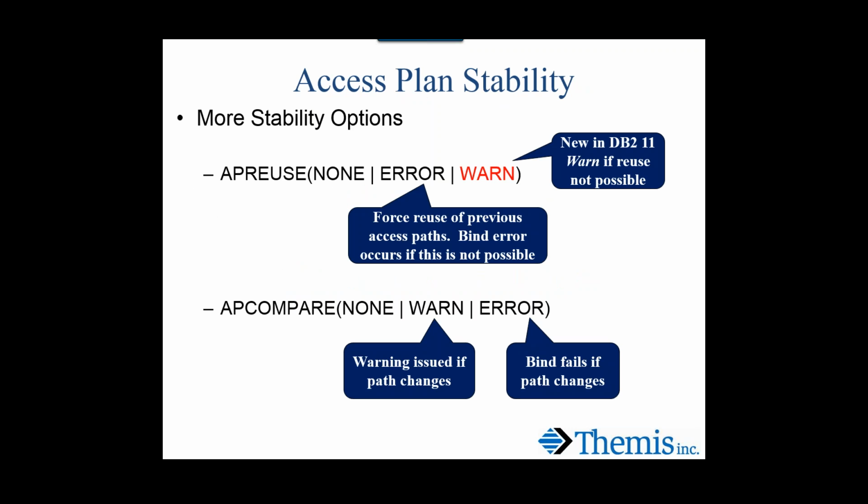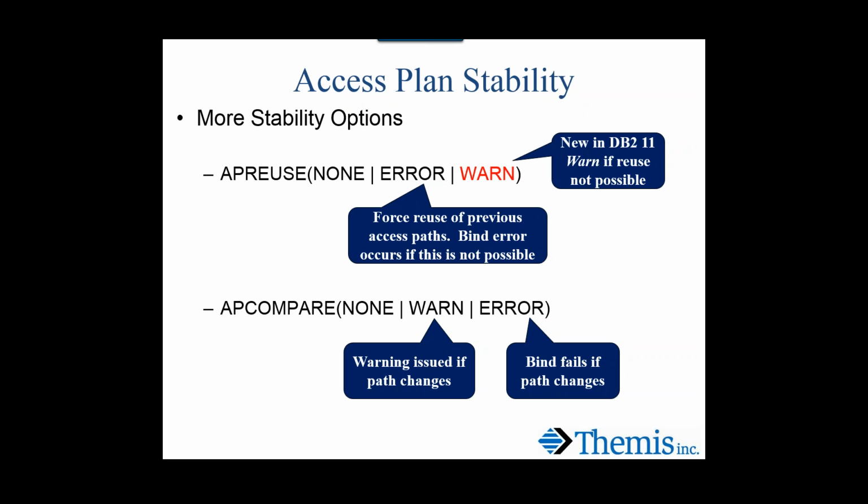This is a set of features that really started back in version 9, really exploded in version 10, and then we have a couple of tweaks to it in version 11. I find a lot of people using a bind option here called AP reuse. This came out in version 10. If you do a rebind with AP reuse set to error, when you do a bind or rebind, what you're asking for is for DB2 to please use the access paths from the previous bind or rebind, if that's possible.